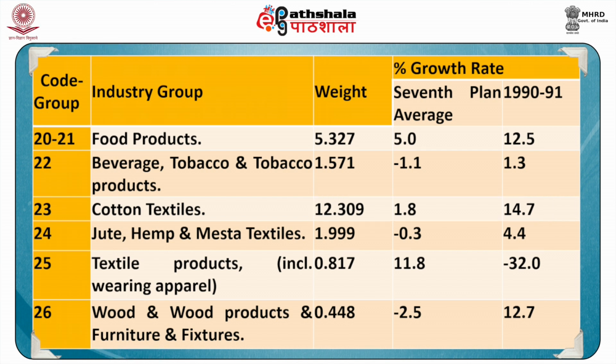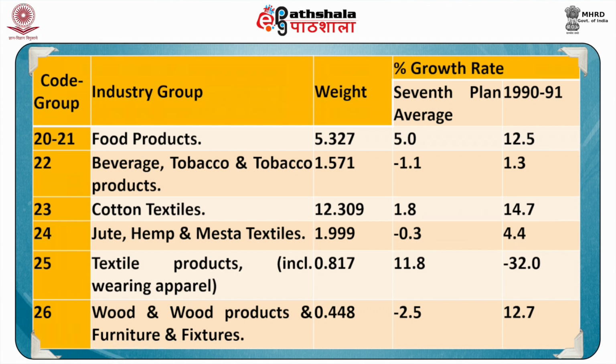14.7%. Next, jute, hemp and mesta textiles of weight 1.999 had a growth rate of -0.3% in the 7th plan, and in 1990-91 it was 4.4%.